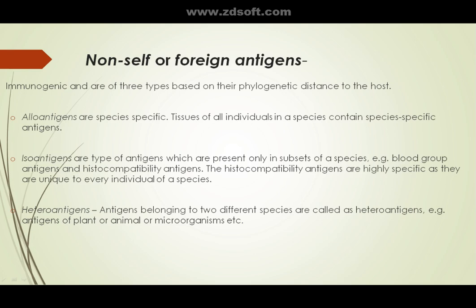These foreign antigens, based on their phylogenetic distance to the host, are of three different types. Alloantigens are species specific. Tissues of all individuals in a species contain specific antigens. For example, you and I belong to the same species, we are humans, and we are almost similar, but that doesn't mean we are 100% the same.